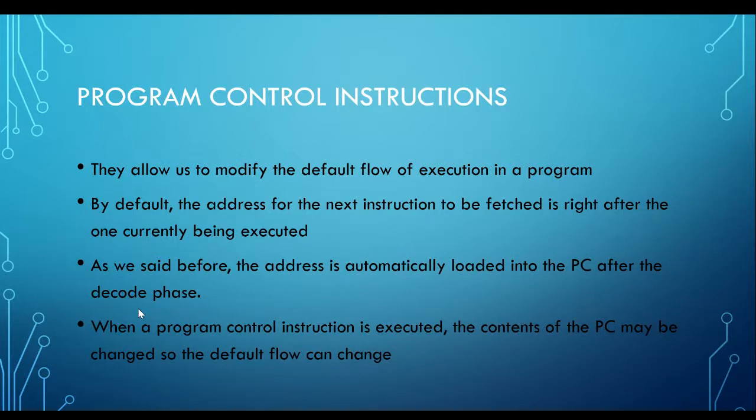Now the third category is the instruction that change the flow of the program. Now, what is the equivalent in C? You have your if else, and you also have while loop, and those are equivalent instruction sets that change the flow of your program.